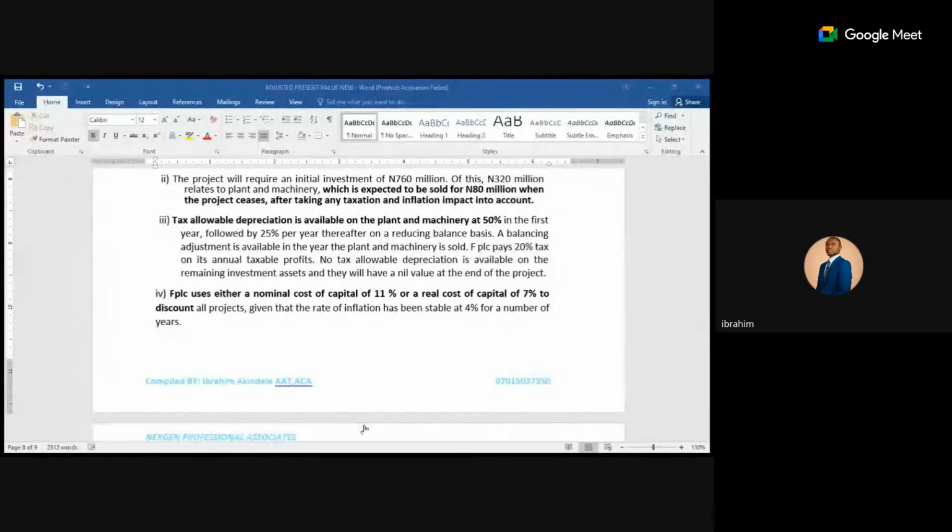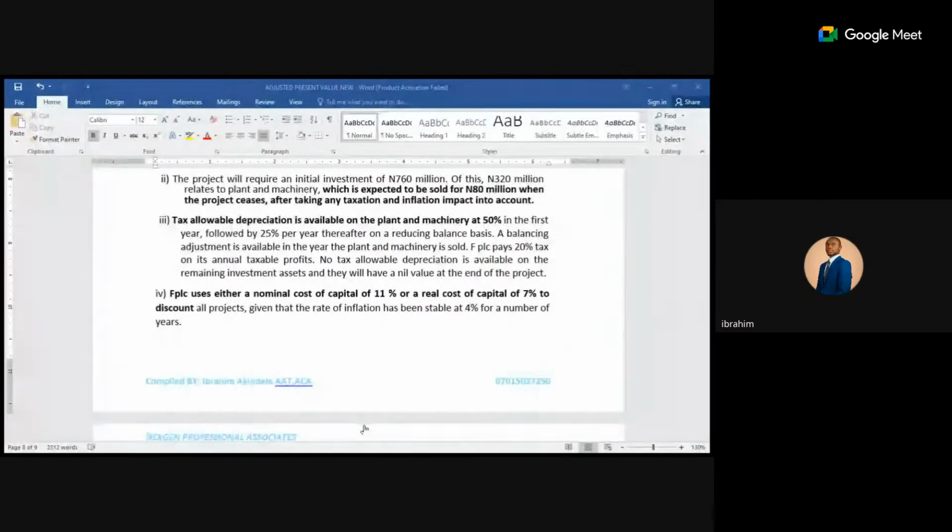The examiner may not give you the nominal cost of capital of 11%. In this case now, we're given the nominal cost of capital already, so we can use it to discount our projects.